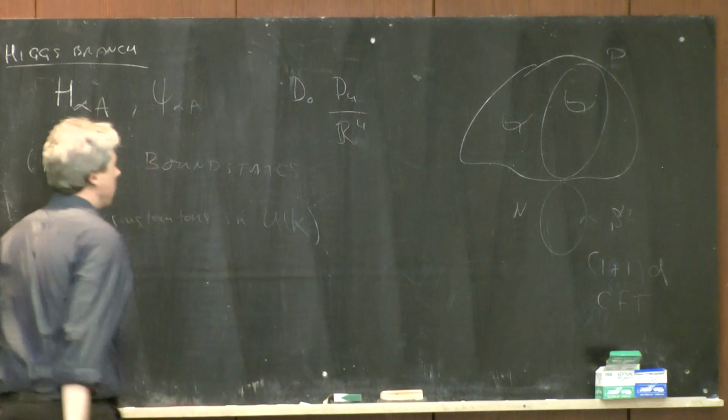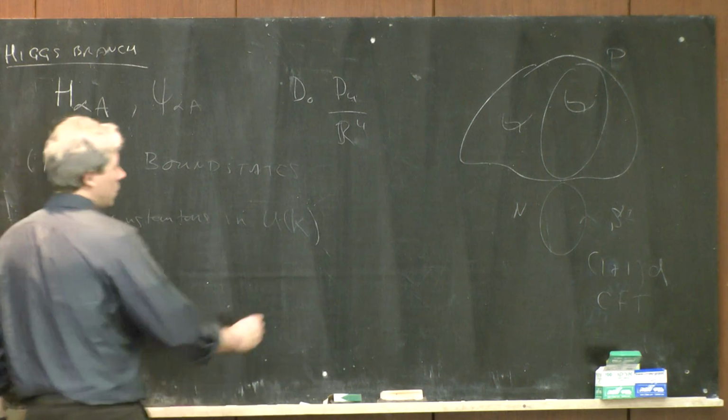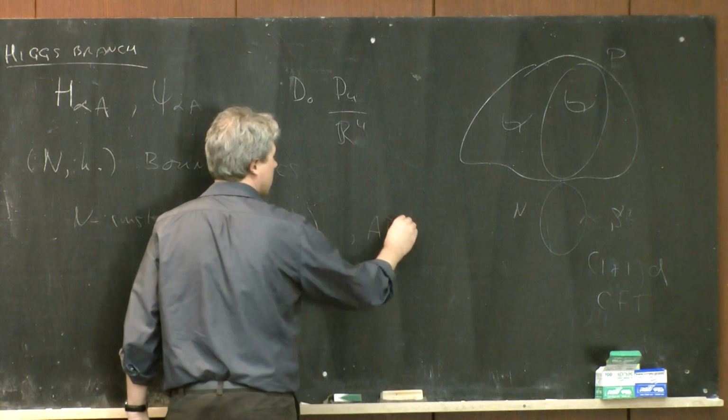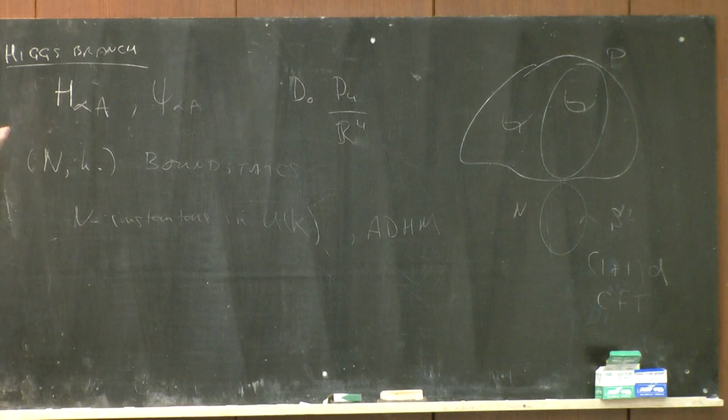Because there we have a good description of what are the n instantons in the U(k) theory, because there's a construction called the ADHM construction, which you can formulate in these kind of variables. So what I eventually want to learn from this is that there's going to be a big phase space described in terms of these variables, but I'm going to derive from it a smaller one, which is the one in here.